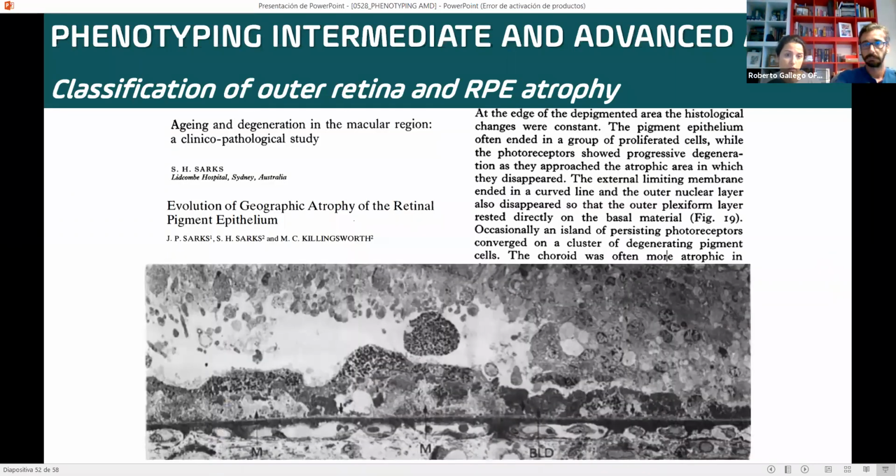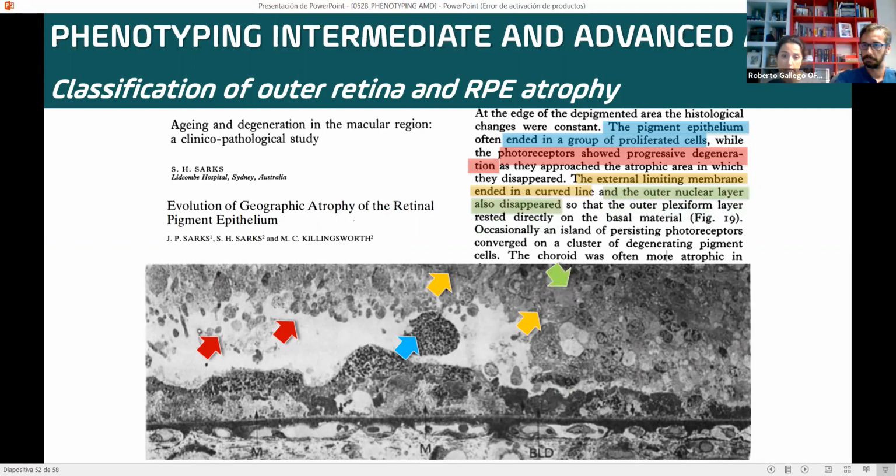And in fact, this ELM descent was described a long time ago by the Sarks in Australia. So we know that the pigment epithelium ends with proliferation, so it's not really a clear margin. We have photoreceptor loss and progressive degeneration, and the ELM ends in a curved line.